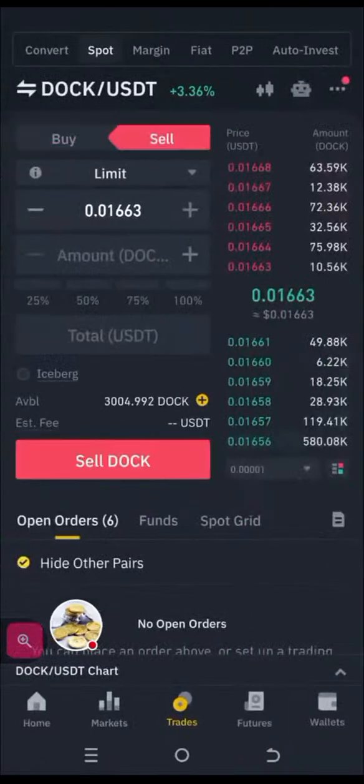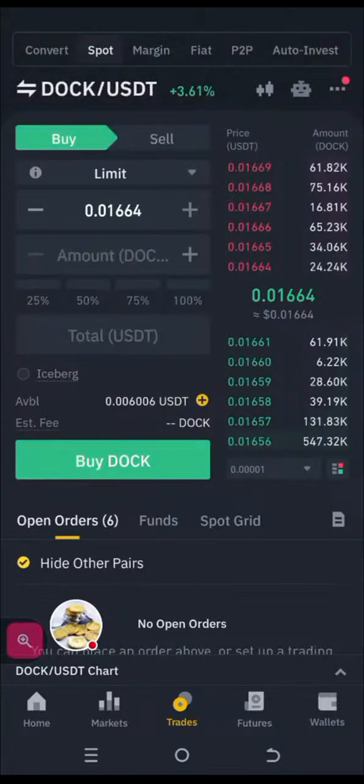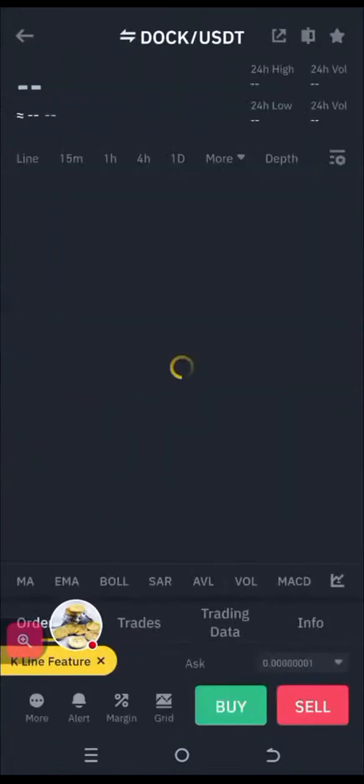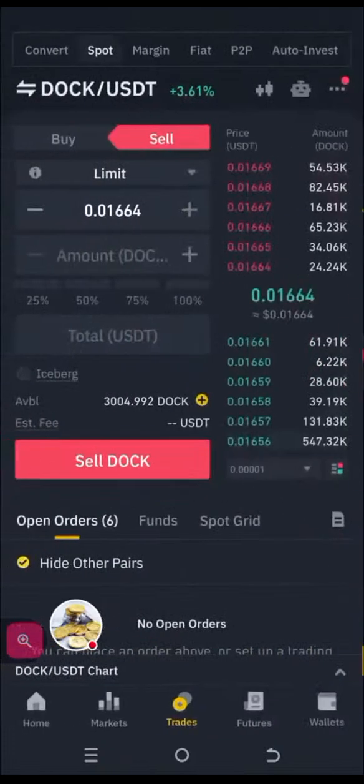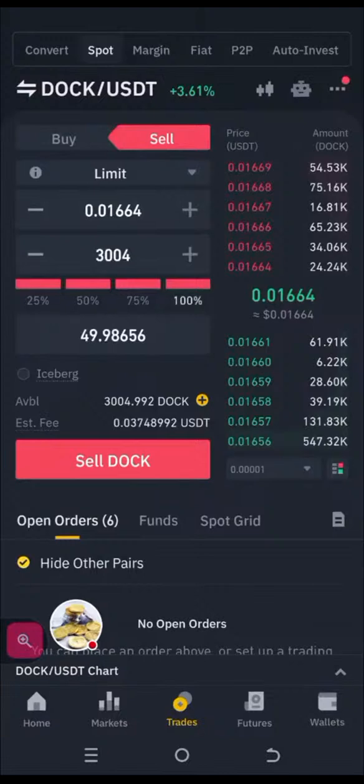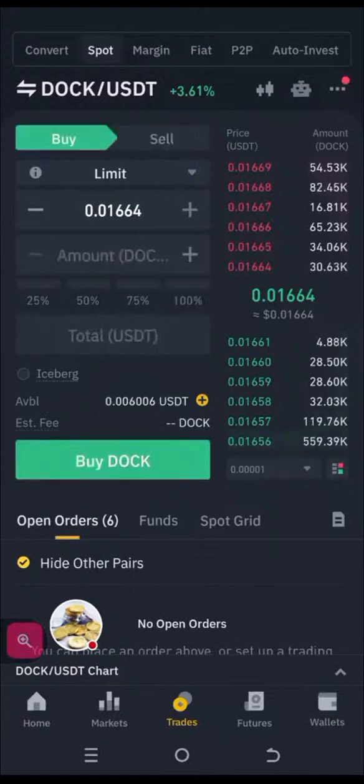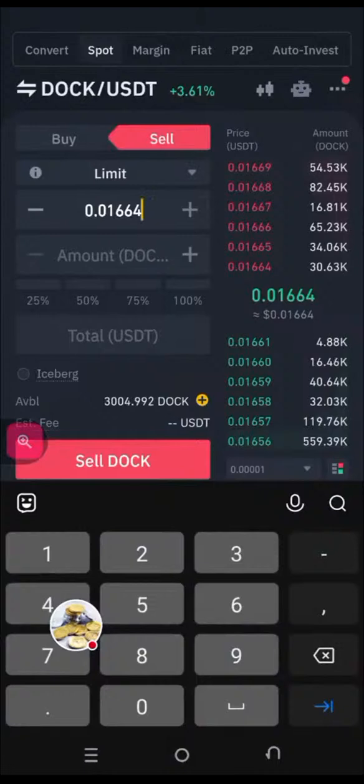So let's sell. Let's see what we're having now. Oh, it's going up. Can we even make some money with this? No, not yet. So let's put this in. 6.9.